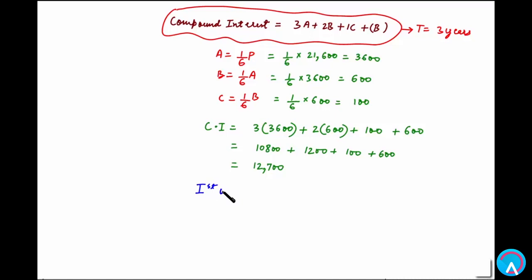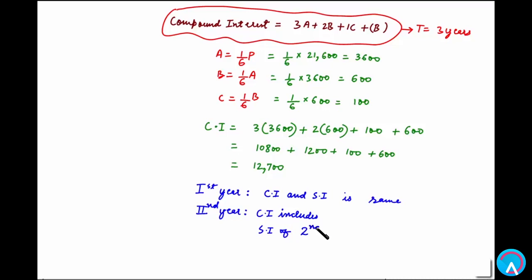We are able to arrive at this formula because for the first year, compound interest and simple interest are the same. In the second year, compound interest includes simple interest of the second year and interest on the interest of the first year.